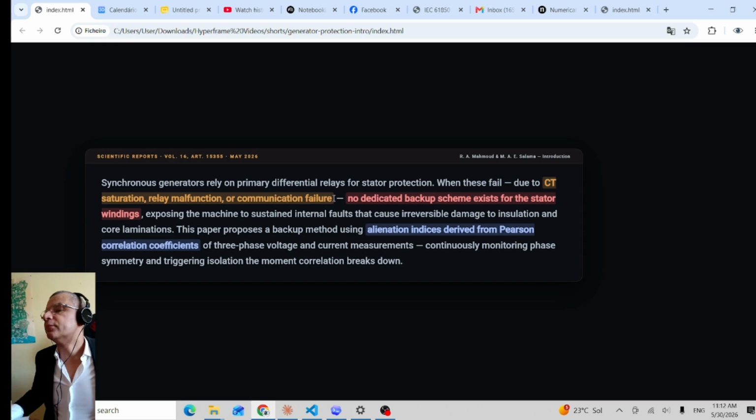For primary differential relays, stator protection, when these fail due to CT saturation, relay malfunction, or communication failures, there is no dedicated backup scheme that exists for the stator windings. So this paper proposes a backup method using alienation indices derived from Pearson correlation coefficients of three-phase voltage and current measurements.